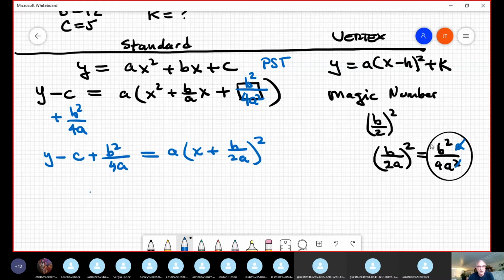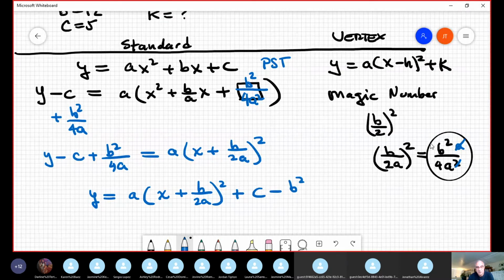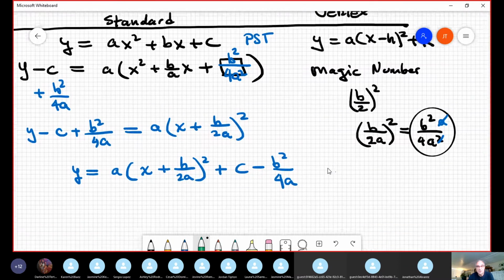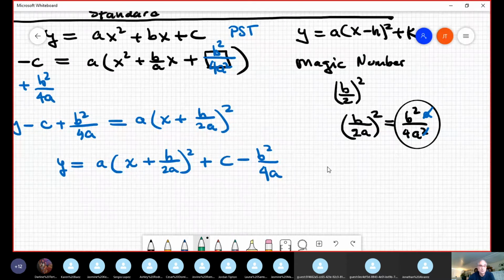Finally, y is equal to A times (x plus B over 2A) squared plus C minus B squared over 4A. Now, this is a crucial moment. It's the most important moment today. You compare this equation that I derived from the standard to get the vertex form.